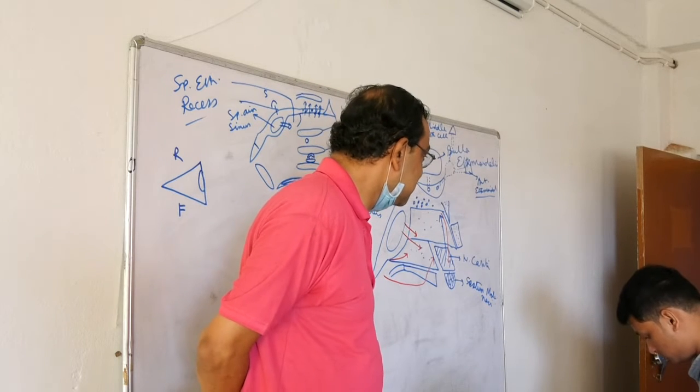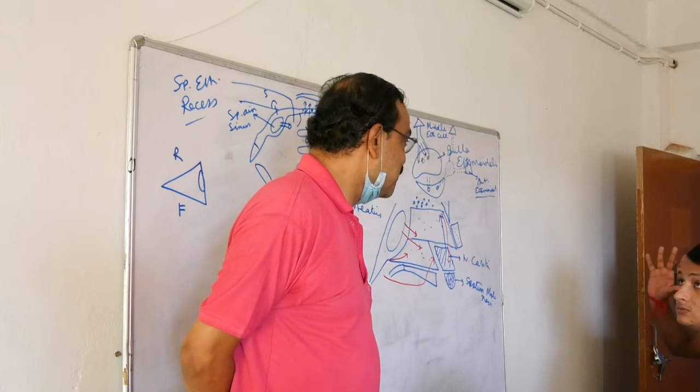On the first part, how many branches? Five branches. Follow.